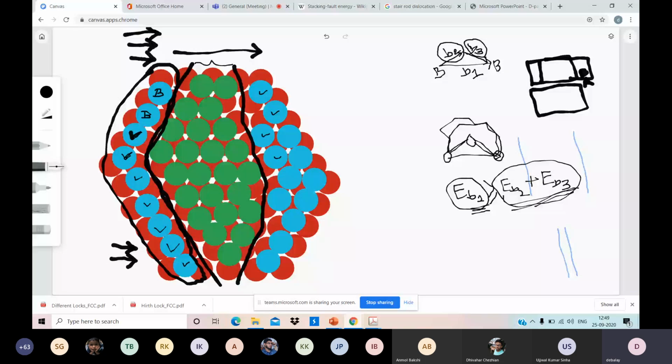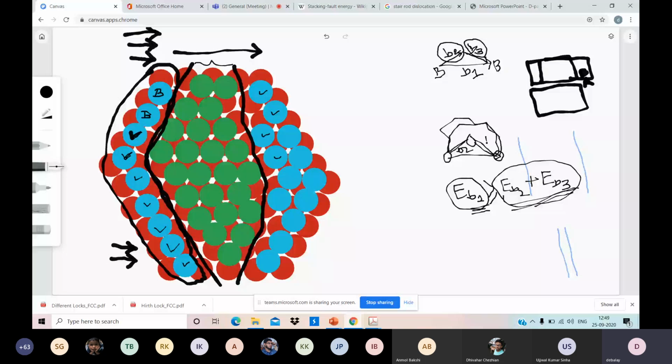Okay, so first of all, don't think that always the B atom has to move into the C position. It may not happen. You may also consider a more crooked route. Instead of B2, B3, I take another route, B4, B5, something else.